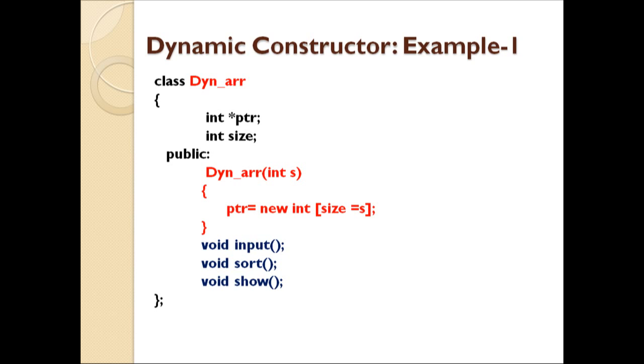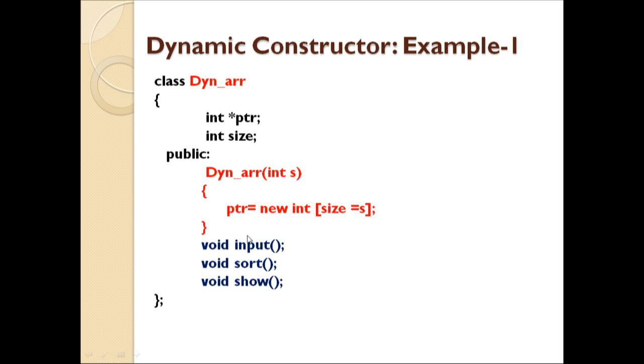But here in the public section we have given one constructor. So as soon as this method gets called, we will get the size for this data member ptr. This ptr is of pointer type, and it is given in the private section of the class, and for size, at the address of size, we are assigning the value of s. This s will come from this constructor.